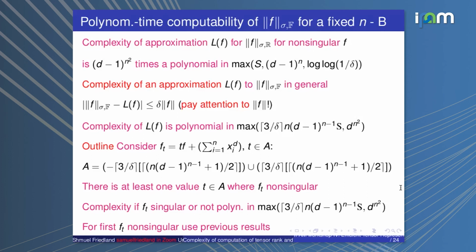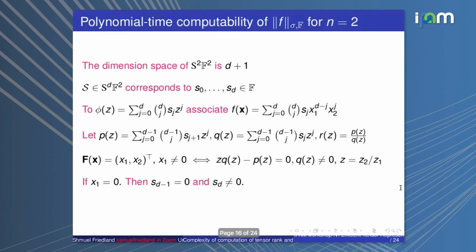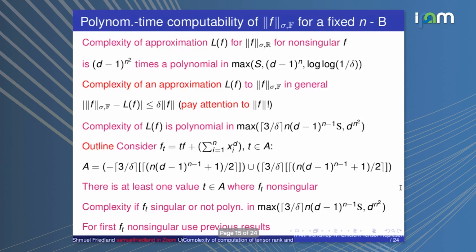David, can you go back, please? Okay, so here is the complexity. The complexity of this algorithm is essentially d to the power n squared. So for example, if n equals 2, it would be d to the power 4, right?